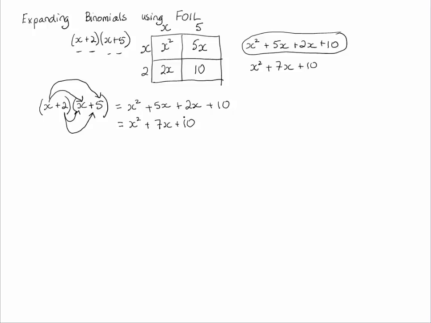Now, if you have a look at the set of arrows here, we've multiplied the first term in the first set of brackets by the first term in the second set of brackets. And then we've multiplied the first term by the last term, so that's the outside set of brackets. And then we've multiplied the inside set of terms, the 2 times the x, and then the last set of terms, the 2 times the 5.